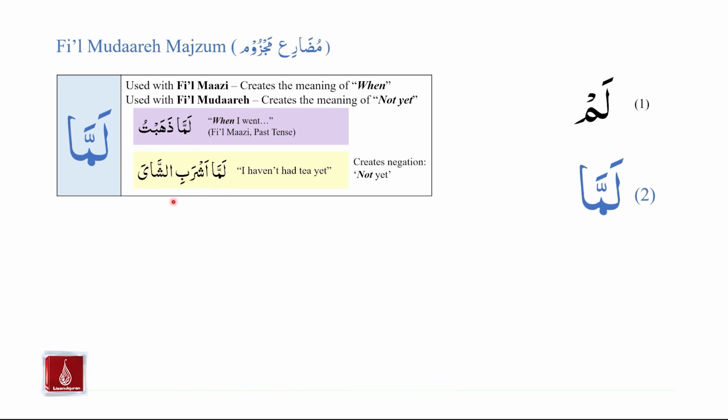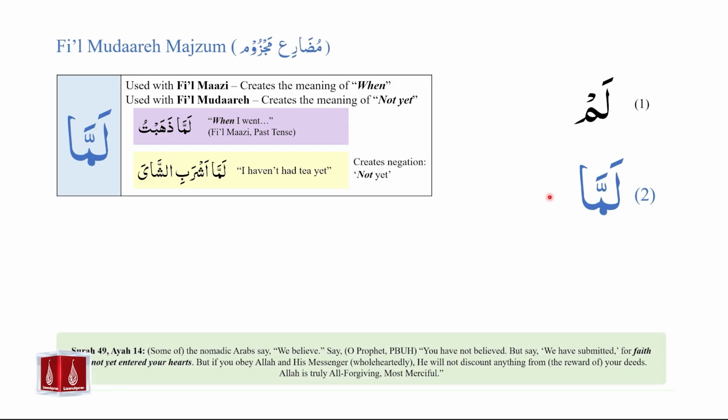Let us look at an example of lamma from the Holy Quran. It is written in Surah number 49, ayah number 14 of the Holy Quran. Some of the nomadic Arabs say, "We believe." Say, O Prophet, peace be upon him, you have not believed, but say, we have submitted, for faith has not yet entered your hearts.